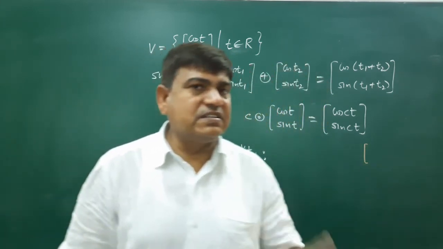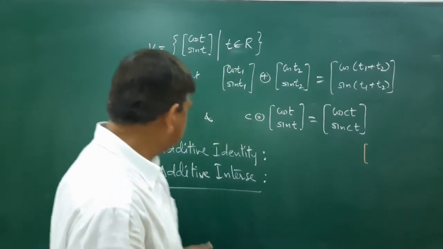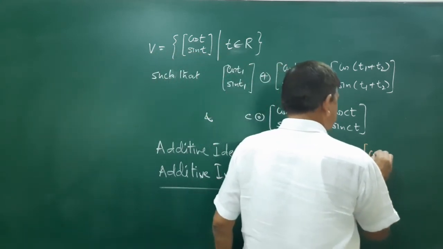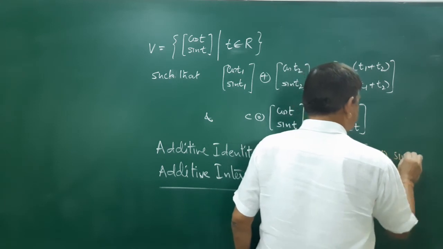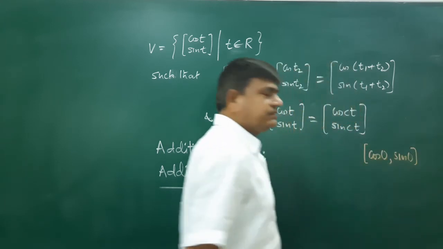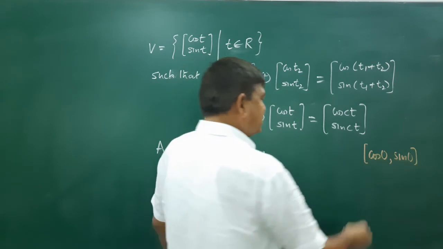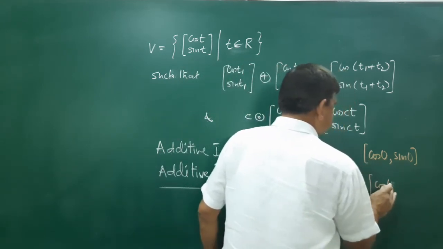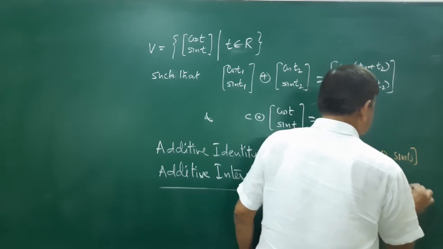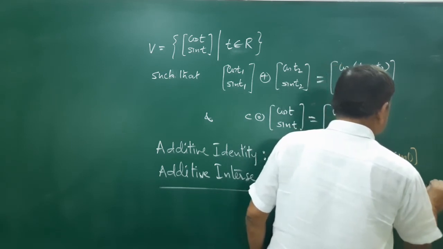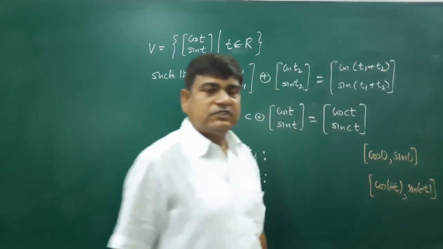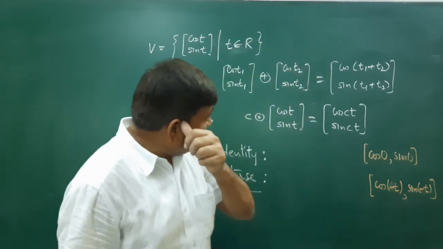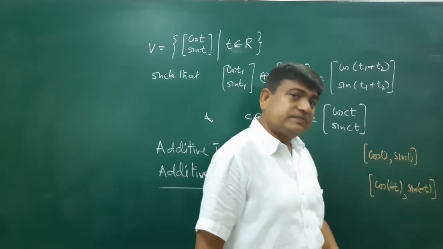One of the students simplified this question and wrote the additive identity like this, and the inverse as this. Yes, I remember Purvi. Purvi is one of the students, and she wrote the answer like this.